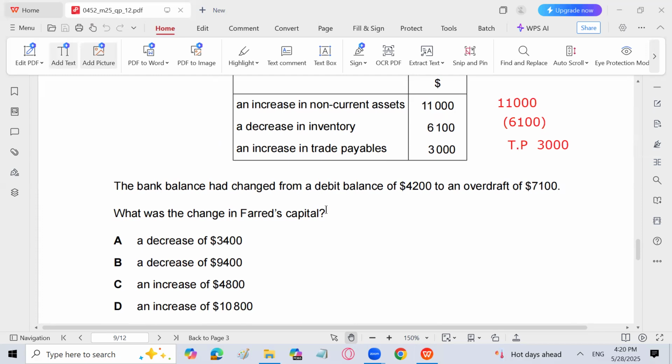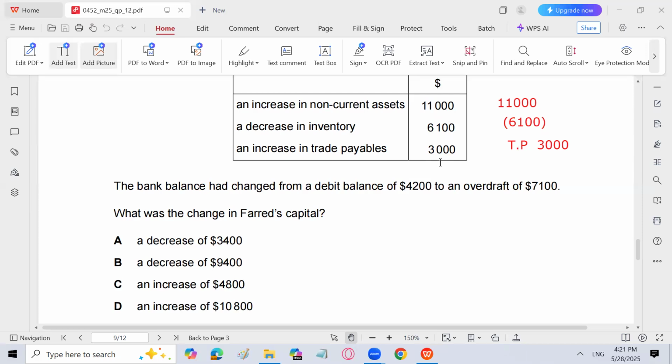Then the debit balance of 4,200 has basically transferred to an overdraft of 7,100. This is going to be an important point. If I write bank overdraft liability as 7,100, this is not okay. Why, sir? Because we are taking the changes in the assets and liabilities. So the change will be that the bank balance has decreased by how much? 7,100 plus 4,200.